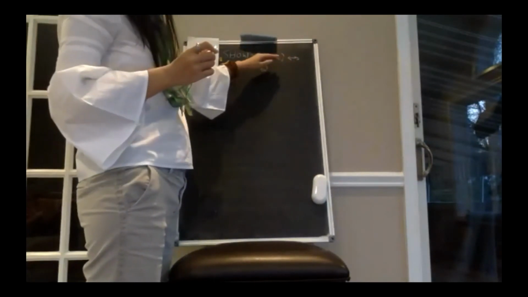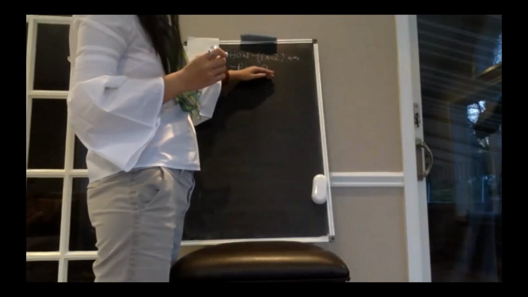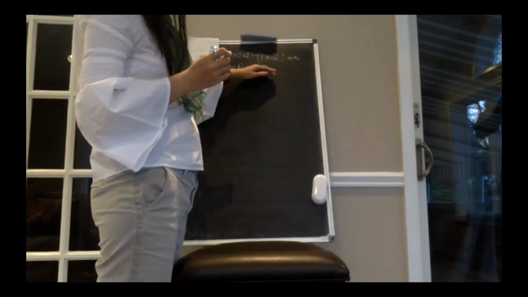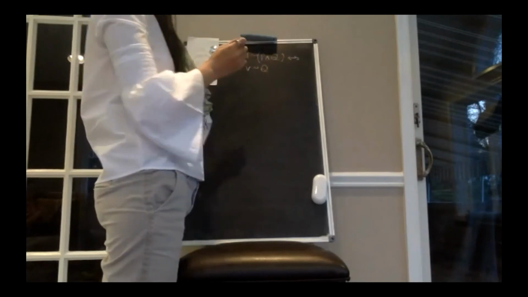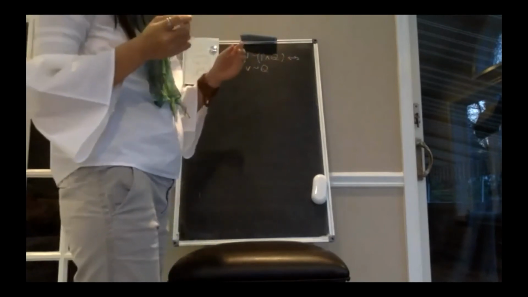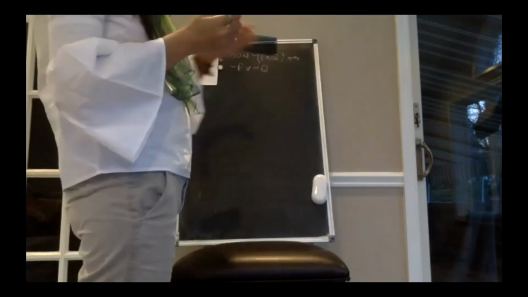Because this is a biconditional, we want to show that these two things have the same truth values for all instances of P and Q. We need to show first the if direction, and then we will show the only if direction.